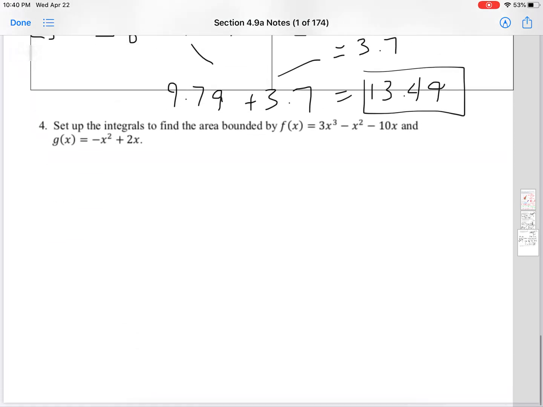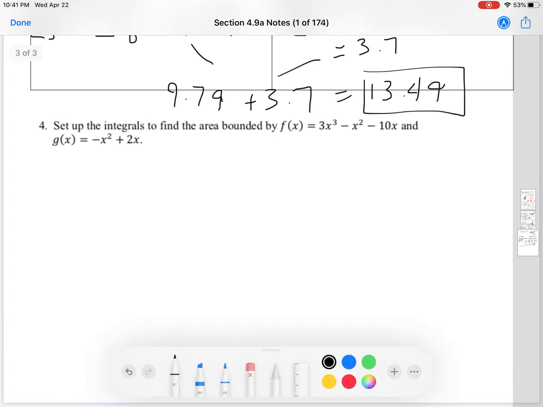Number 4, I like this question because I like you to think hard about the concept of the integral and the limit of integration. This is set up, but do not solve. So what I would do almost immediately is just think about finding that limit of integration.